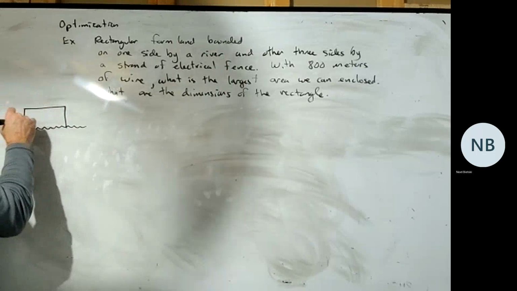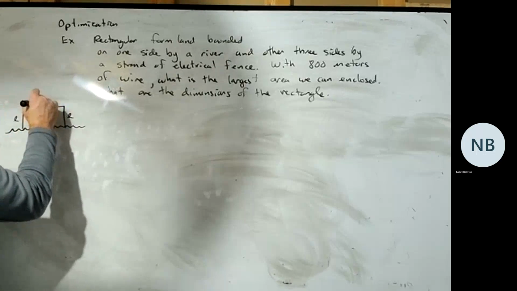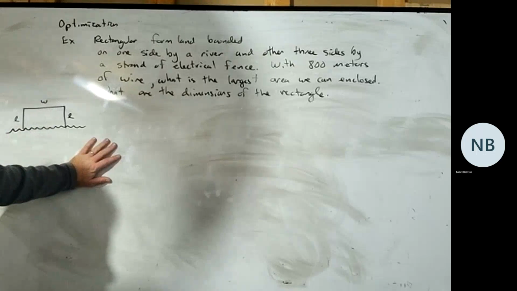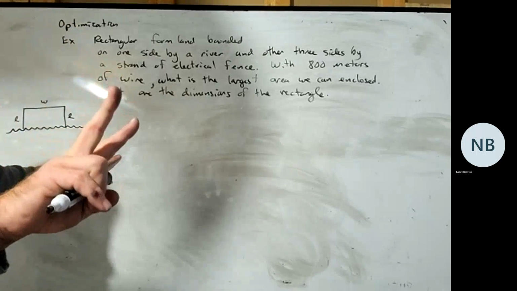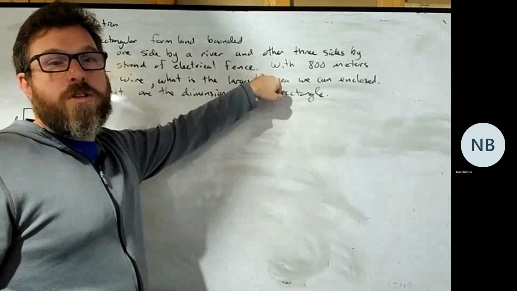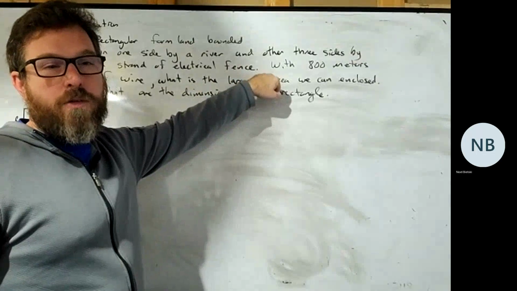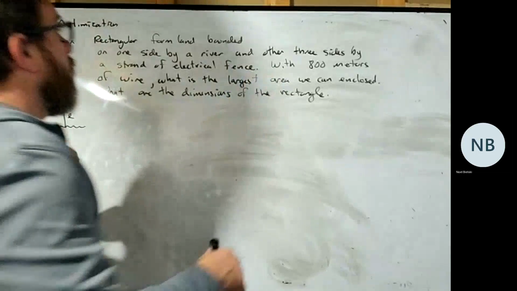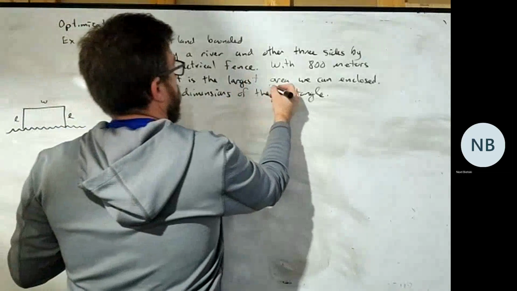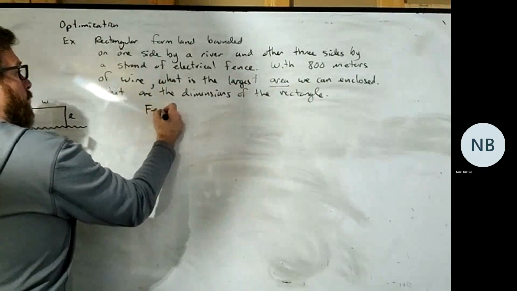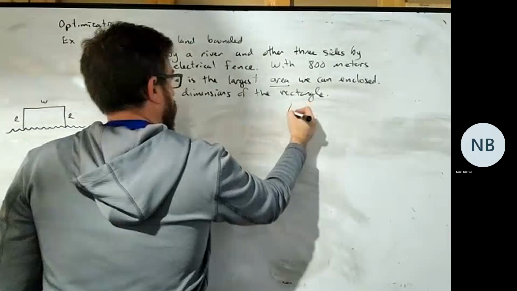Let's call these the length and this the width. What's cool here is we're going to have two different equations. One represents how much electrical fence I use, and the other has to do with the area. So I have the fence equation, and I have the area equation.